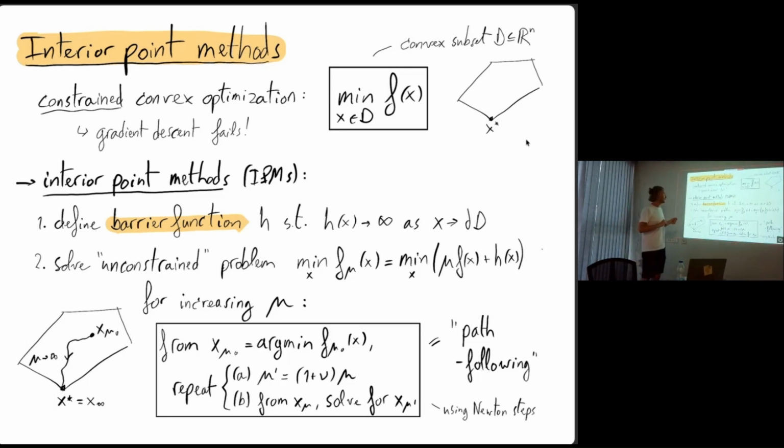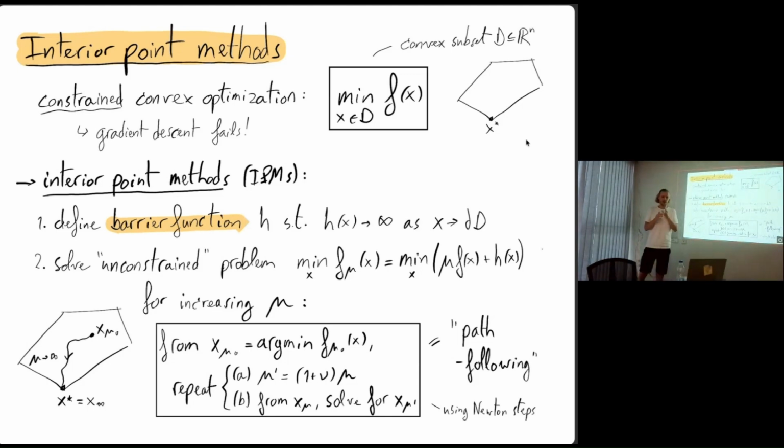But then as mu increases, the function becomes much more important, and we're going to get closer and closer to the optimum of the original unconstrained problem. So as mu increases, the minimizer of this function converges to the actual minimizer. That's intuitively true, and you can make that more formal.